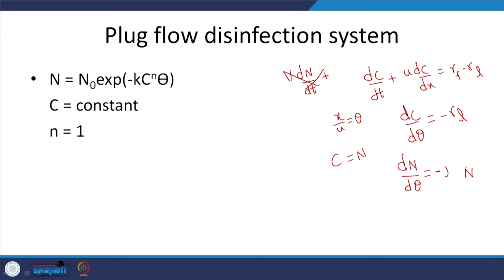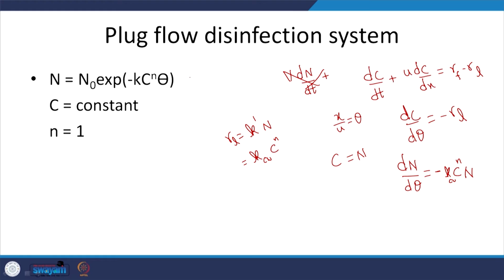What is K? K is nothing but K_CW into C to the power of n, right? That's something we saw. R_L was equal to K dash N, where K dash is equal to K_CW into C to the power of n. So that's what we have, and you substitute, not substitute, pardon me, integrate and so on and so forth.